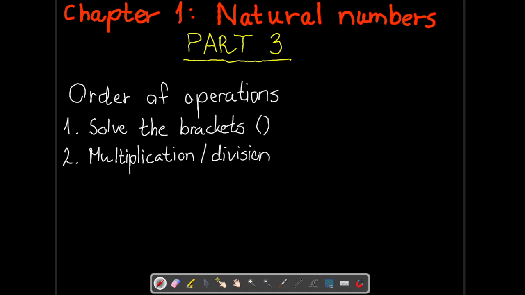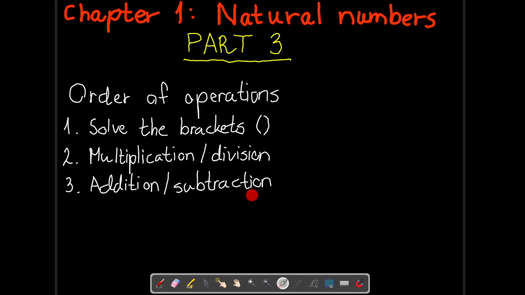And the third step here is addition slash subtraction. Once again, they are equally important at this third point.